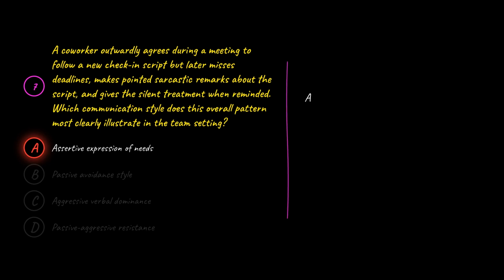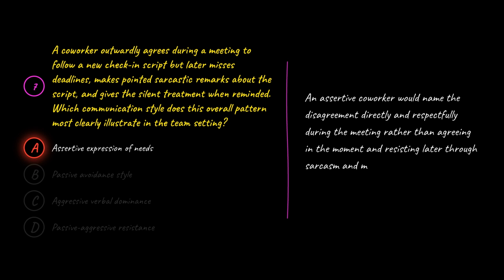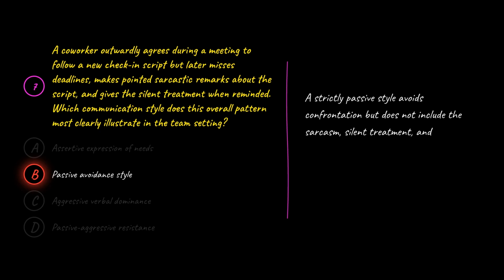A is wrong because an assertive co-worker would name the disagreement directly and respectfully during the meeting rather than agreeing in the moment and resisting later through sarcasm and missed deadlines outside the room. B is wrong because a strictly passive style avoids confrontation but does not include the sarcasm, silent treatment, and pointed remarks that this scenario describes.